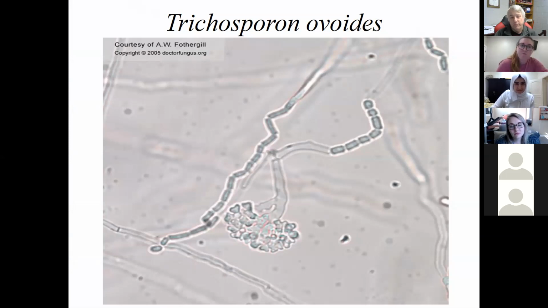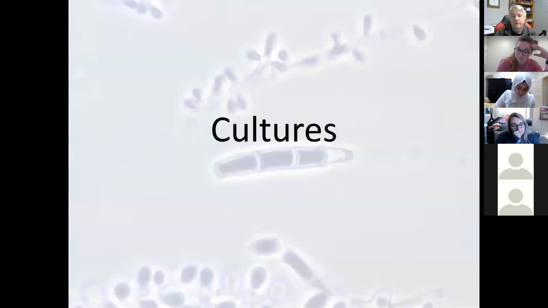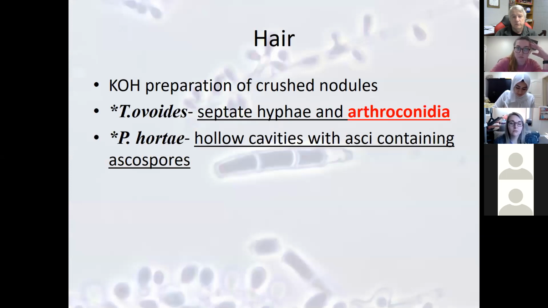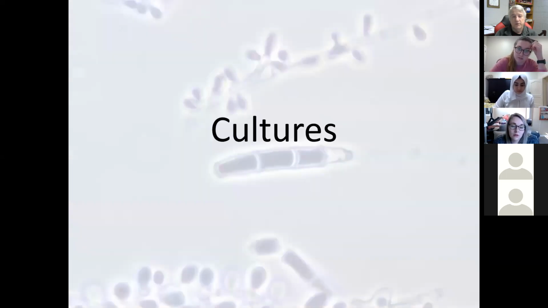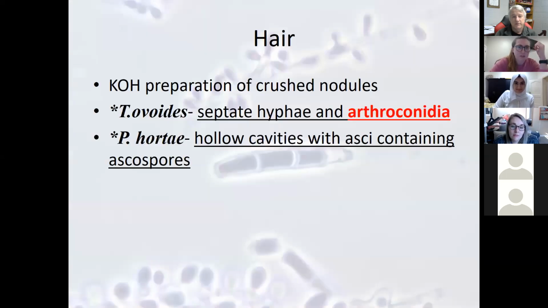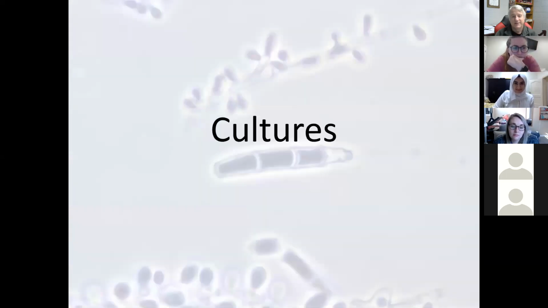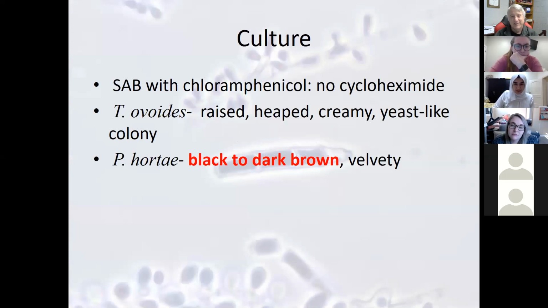So this would be our wet prep. We take a hair with a nodule and put it in potassium hydroxide, put it under the scope on our slide, and look. Are we going the right way? Now I can't remember. I guess we were. All right.